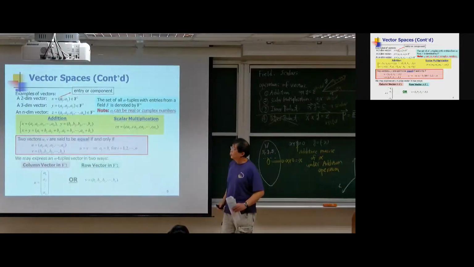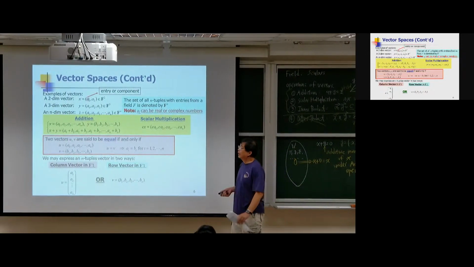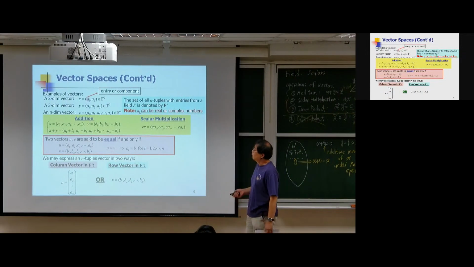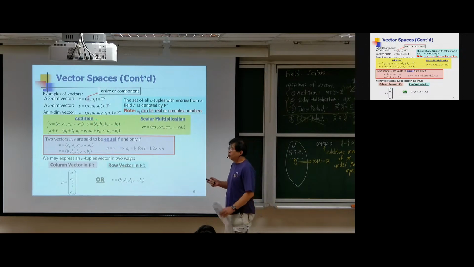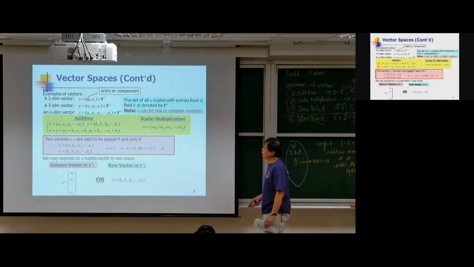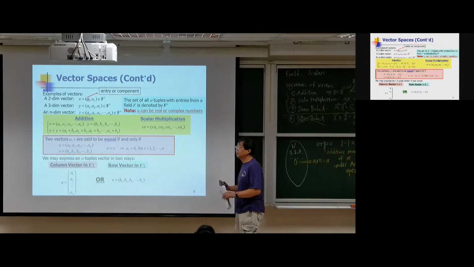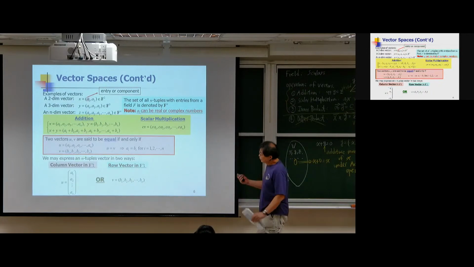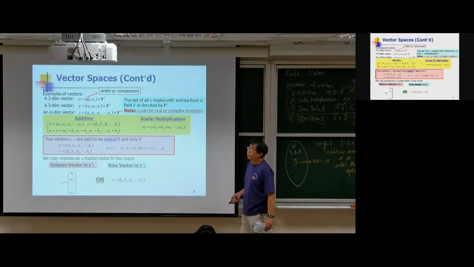And also, we can extend this dimension to n dimensions. So we can have z, which is an n-dimensional vector, with a1, a2, a3 to an. I have n elements here. So in this system, we have n-tuples, and each one we can call an entry or component.